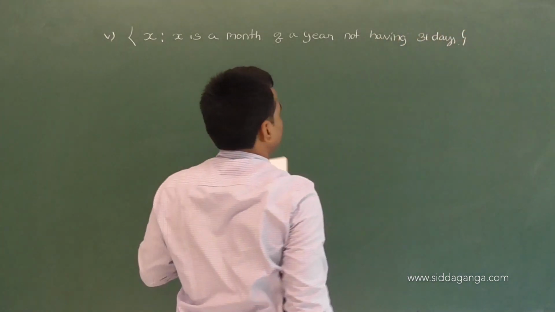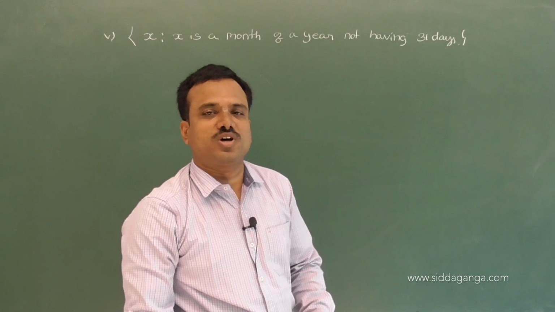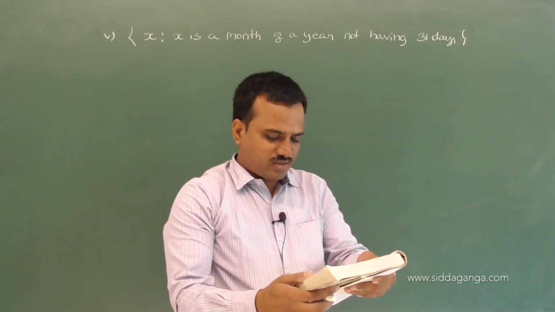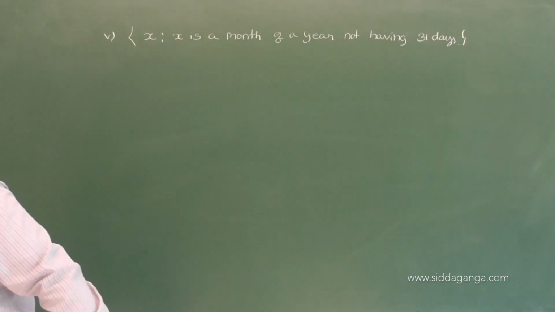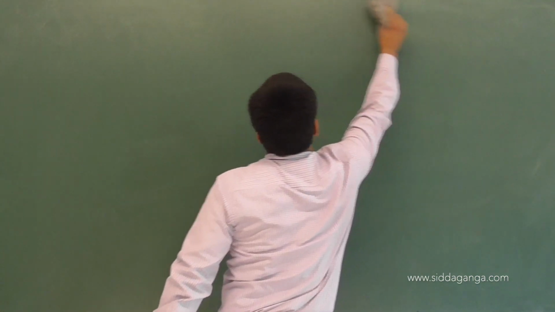That is, I left to you a very simple question. Not having 31 days, what are those? You write it. So this completes exercise 1.1.